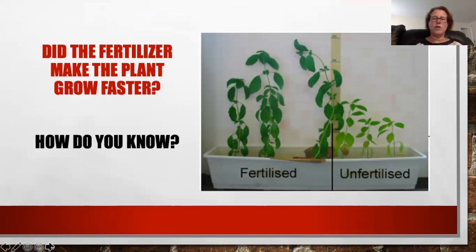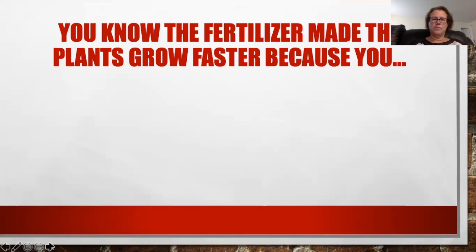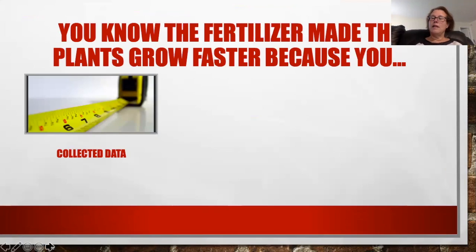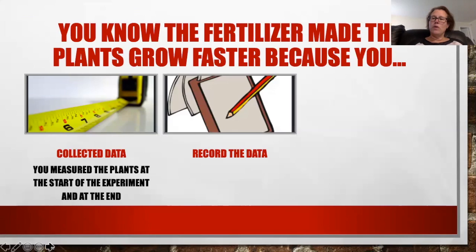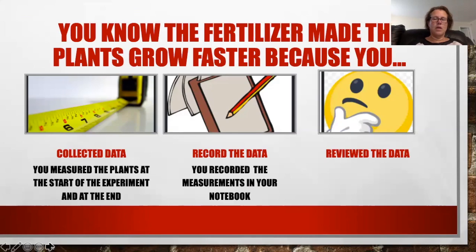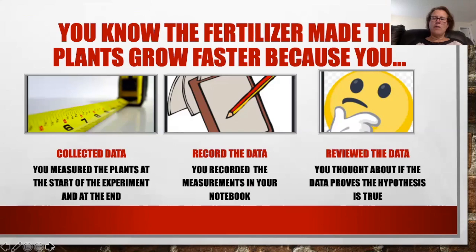But how do you know? You know the fertilizer made the plants grow faster because you collected the data. You measured the plants at the start of the experiment and at the end. You recorded your data. You recorded the measurements in your notebook. You reviewed the data. You thought about if the data proves the hypothesis is true.